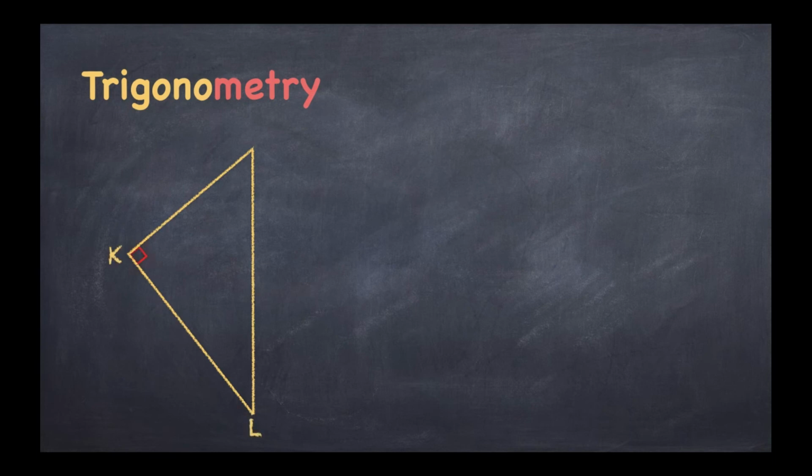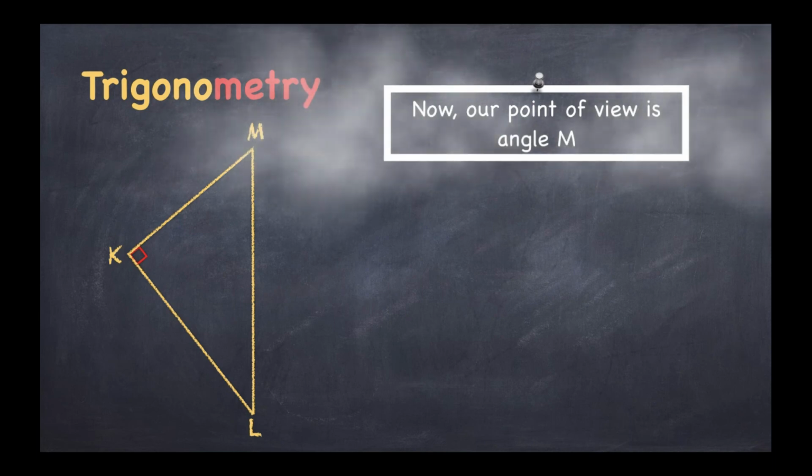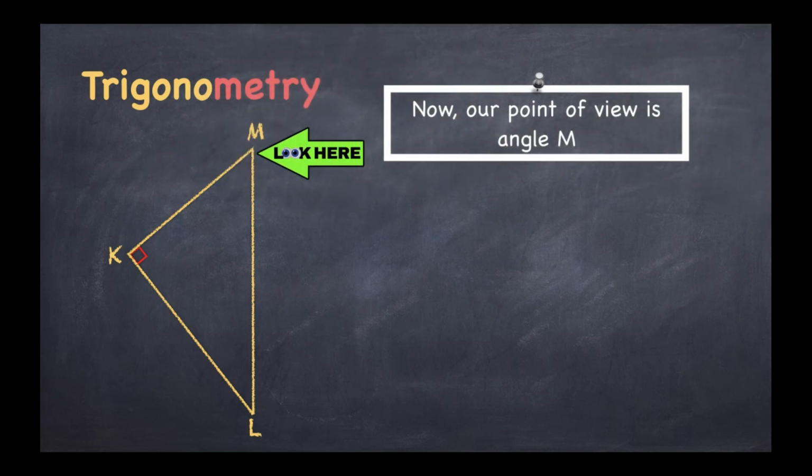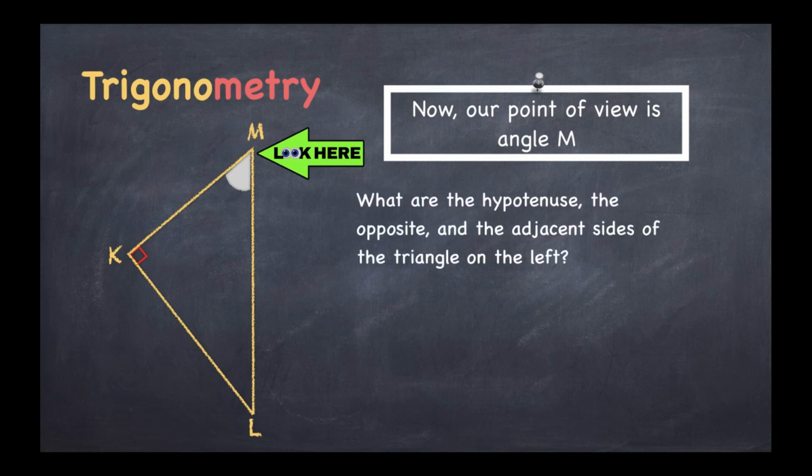Suppose we have this triangle, and now our point of view is angle M. Now, this is your turn. What are the hypotenuse, the opposite, and the adjacent sides of the triangle on the left side? I will give you a little bit of time to think about it.